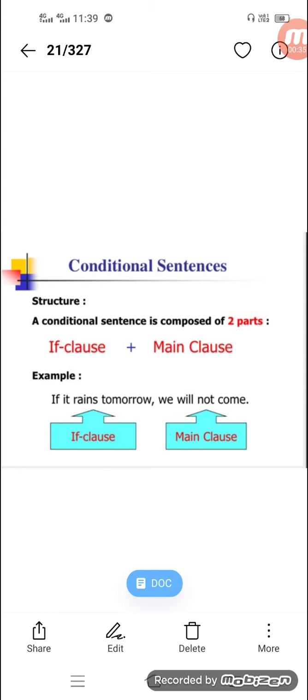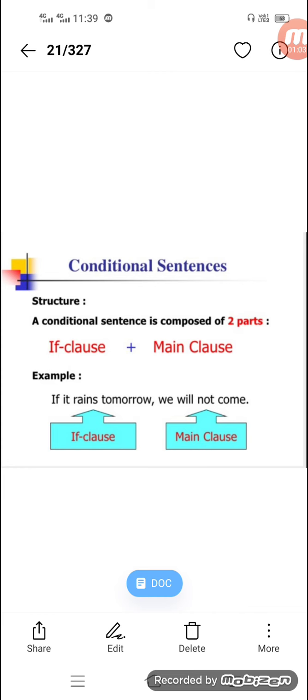In these sentences, the if clause always depends upon the main clause because the if clause is a dependent clause, right? Now let us see one example here. If it rains tomorrow, we will not come. Here, the if clause is a dependent clause.